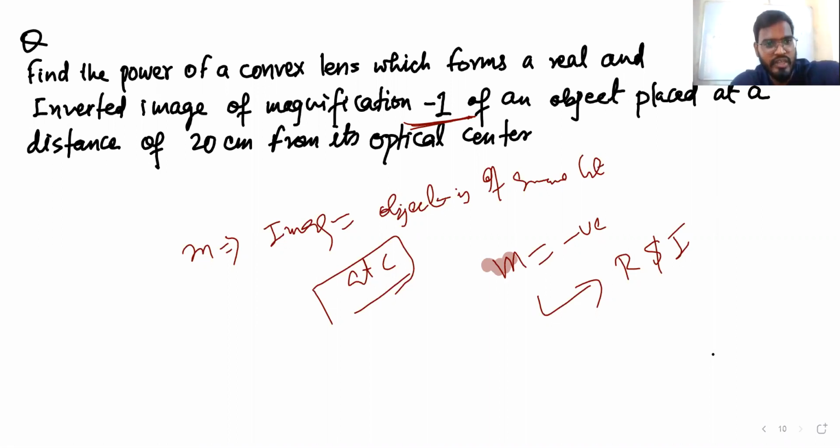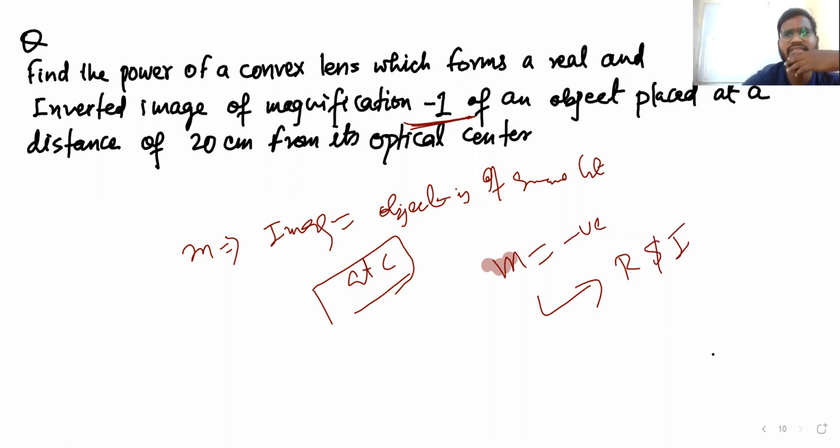Now read the question. We took out the main data, right? Find the power of a convex lens which forms a real and inverted image of magnification minus 1 of an object placed at 20 centimeter from its optical center.